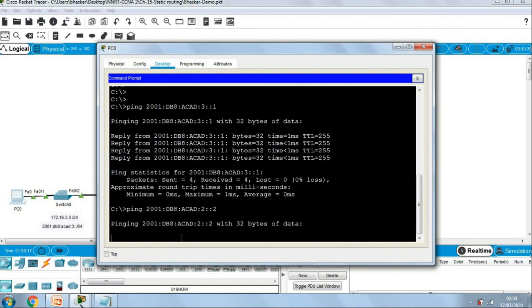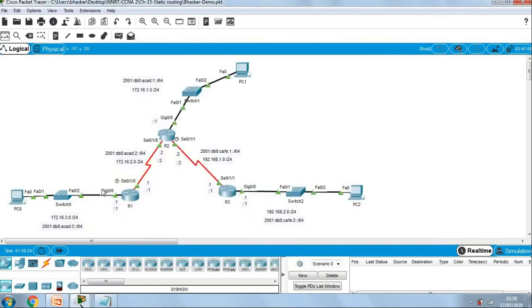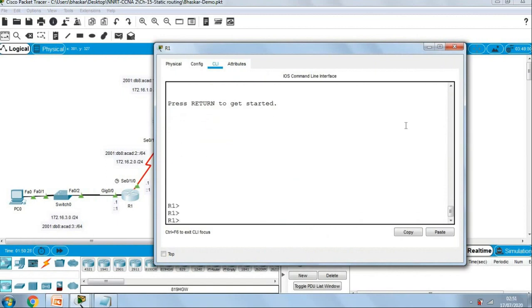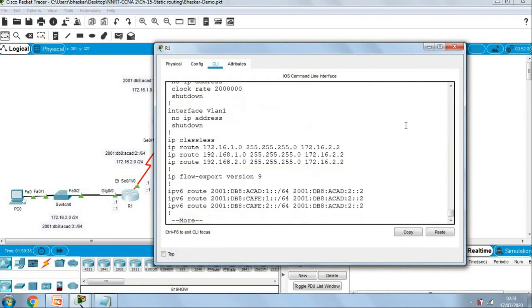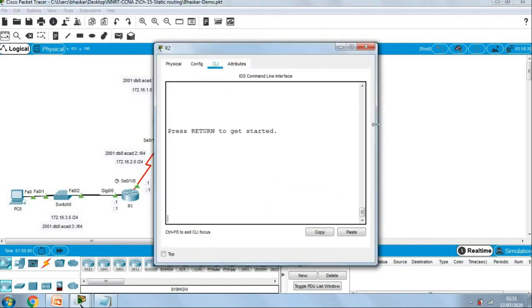We'll check the static routes here in R1. So the ACAD1 network, the CAFE1 network, and the 2 network. So everything is clear here, right? Now we'll go for this one.